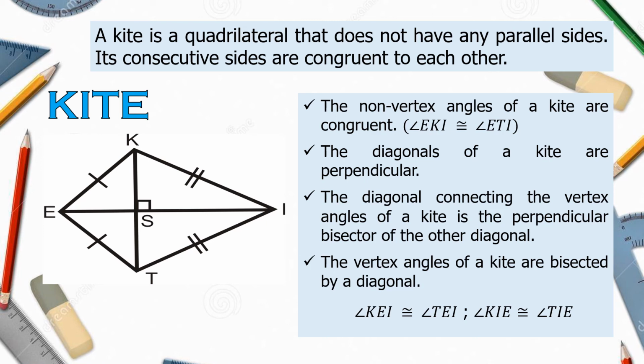I repeat, angle KEI is congruent to TEI. And KIE, the angle KIE, is congruent to angle TIE. So, nagkakaroon ng pagkakahati-hati ang mga angles, yung mga vertex angles nating tinatawag nung dumaan ang mga diagonals.